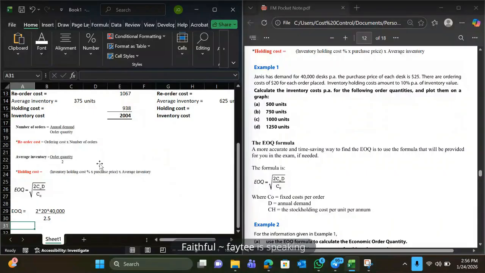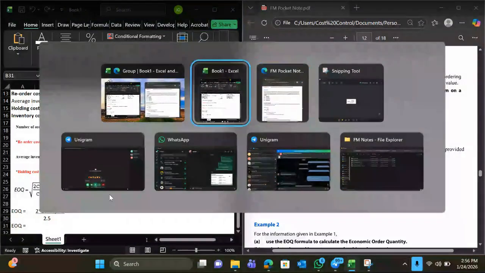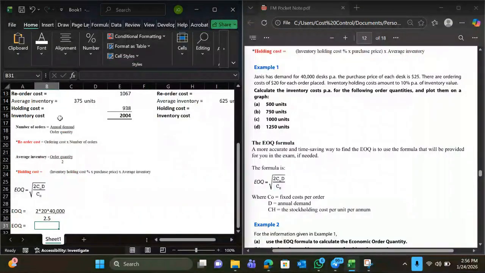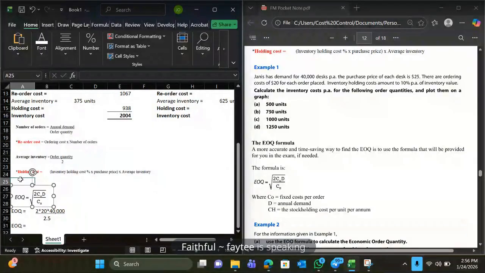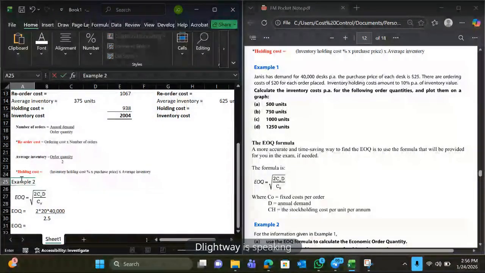2 times 20 times 40,000 divided by 2.5. My calculator is not good though. I'm not seeing the screen very well.